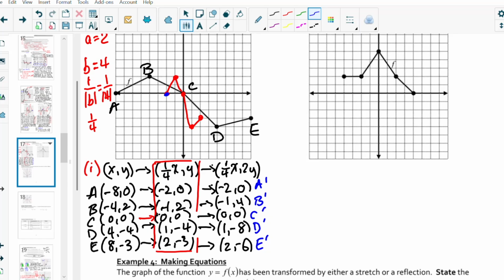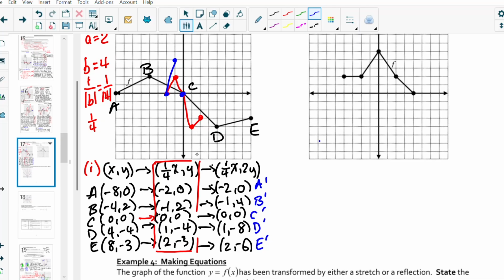Negative 1, 4. Okay, that makes sense. Vertically, we're stretching it about the x-axis. So it makes sense that from the red point to this blue point, it's doubling. Okay, so negative 1, 4. Okay, 0, 0. 1, negative 8.